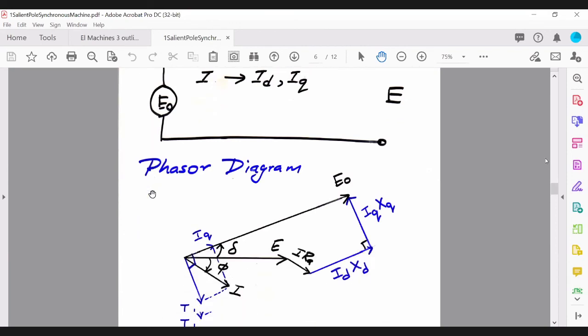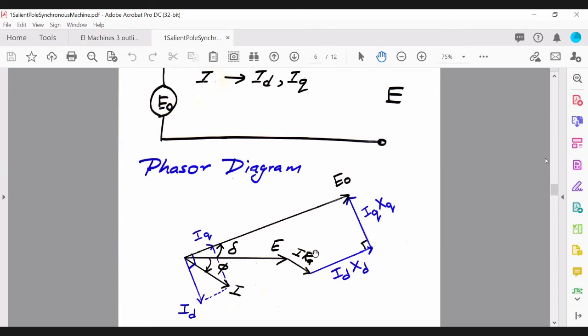as shown here. Okay, so as you can see, we will take our terminal voltage as the reference. Okay, same like we've done in the cylindrical rotor. Then your drop across the resistance of the stator is in phase with the current, same as in last year's course.